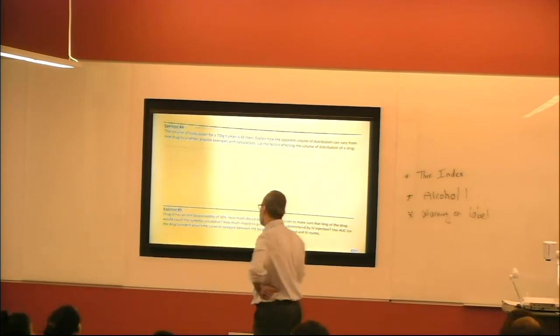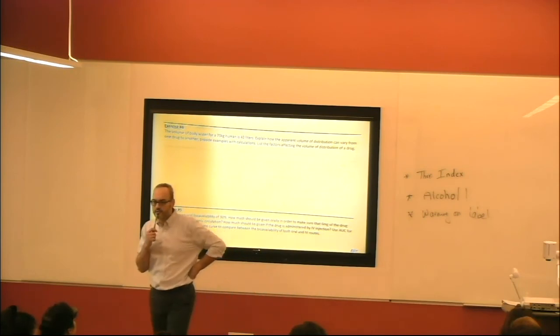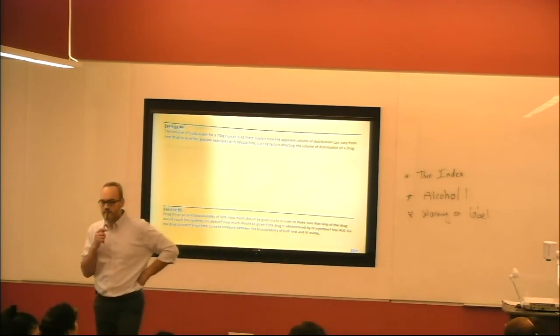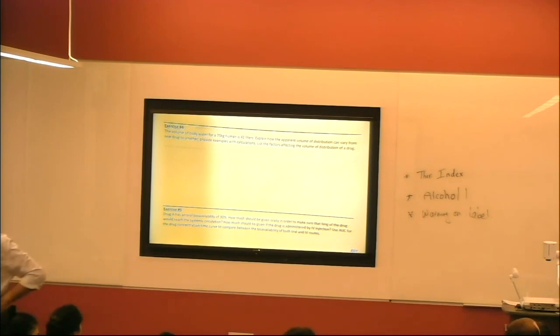Roughly a 70 kilogram human being will have about 42 liters of water, fluids. There are differences between male and female, but this is just a rough example.